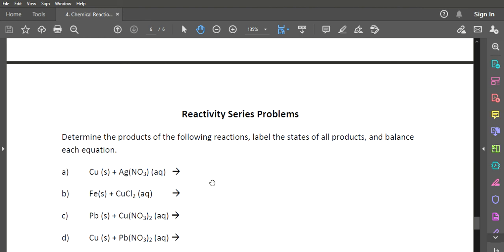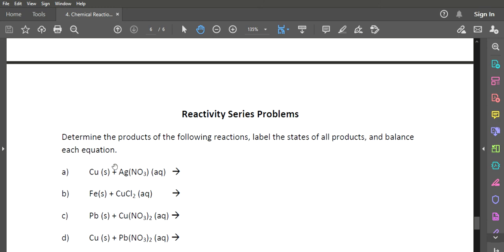That's easy, right? It's off on its own. We don't have to worry about what subscripts it's going to have, what numbers. Copper and nitrate are going to be together. So the nice part about this is we know that copper can have two different charges, right? Let's make a charge that works best for us. If we want to make it a copper 2 or a copper 3, that's up to you. When we go further down, perhaps you can pick something that doesn't lead to you balancing too much.